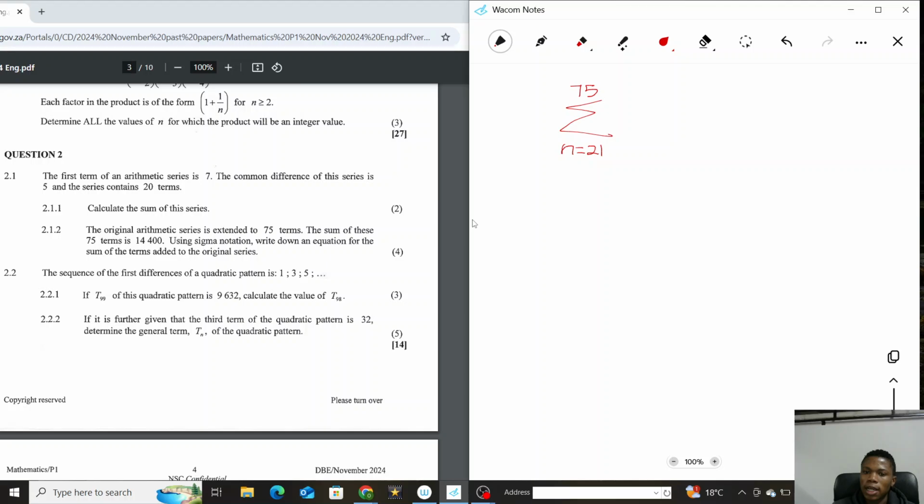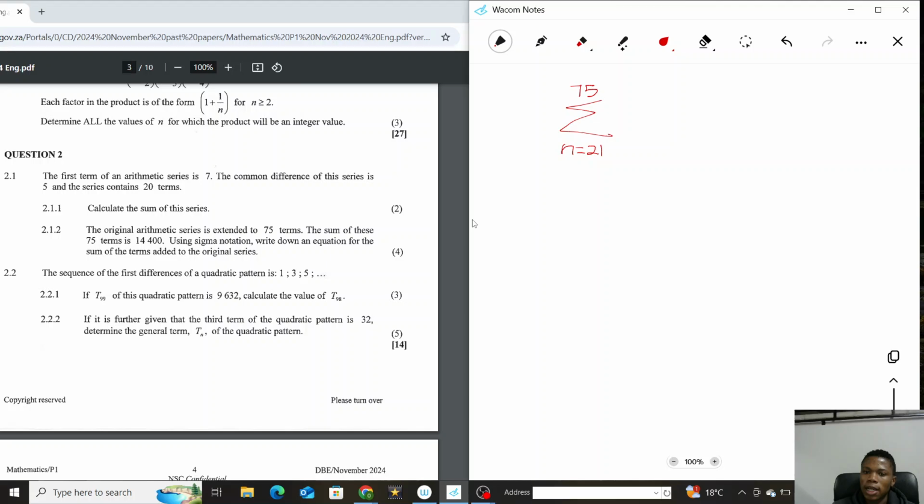Because it's an arithmetic series, Tn equals a plus n minus 1 times d. I know my a is 7 plus n minus 1 times my common difference of 5. Therefore I will get 7 plus 5n minus 5. Therefore my Tn will be equal to 5n plus 2.